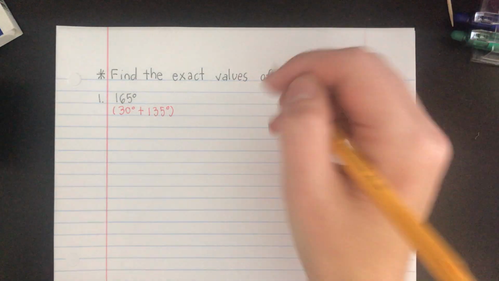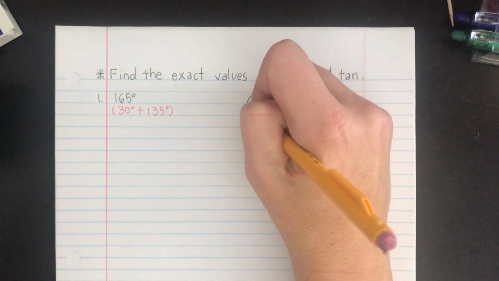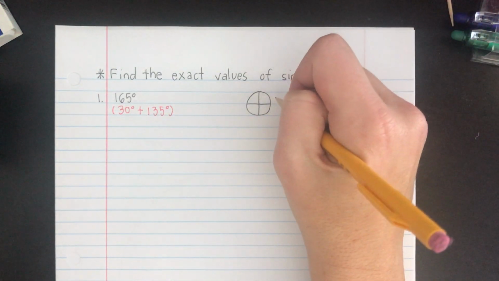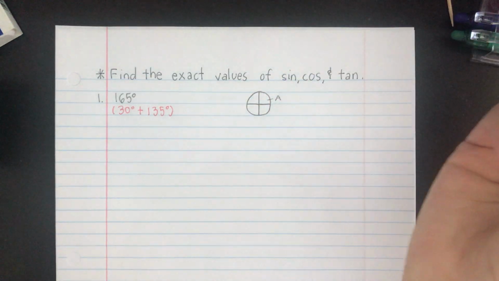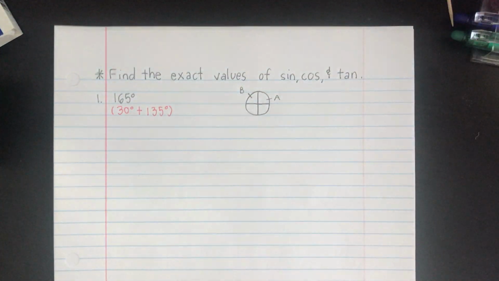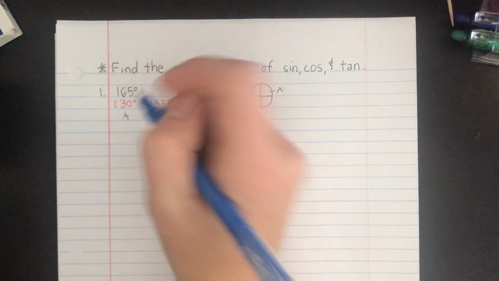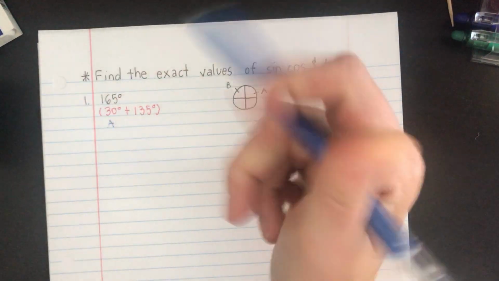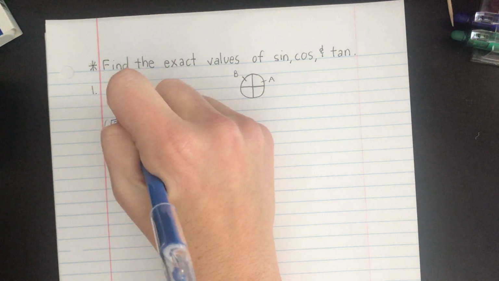So let's label them. Think unit circle. We talked in the last lesson about where 135 is. We know 30 is going to be right here at pi over 6. So that's A. And then B, 135, remember, is right here. That's B, so let's label. A is square root of 3 over 2, comma 1/2.